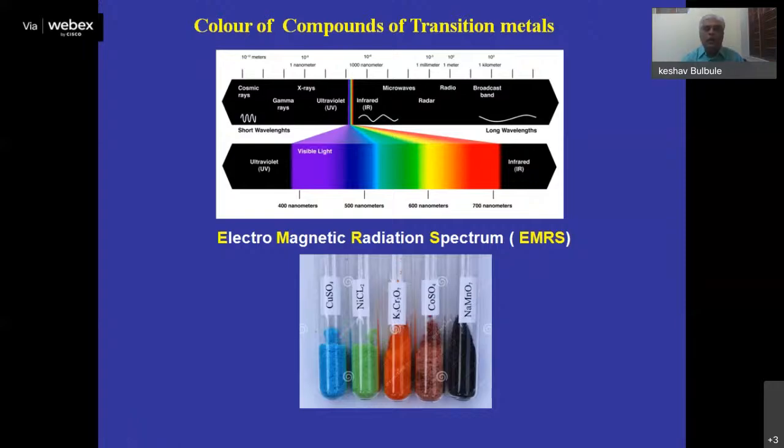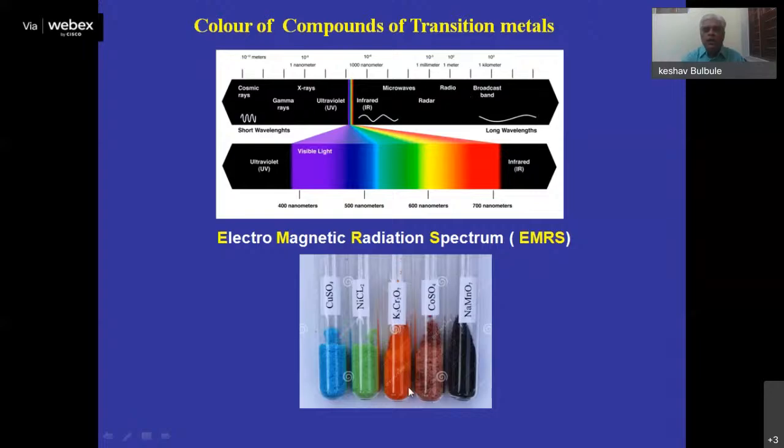Then the question arises, when does a substance appear colored? A substance appears colored only when it absorbs a particular wavelength from the visible region of the entire electromagnetic radiation spectrum, and not from the UV region or any other region.